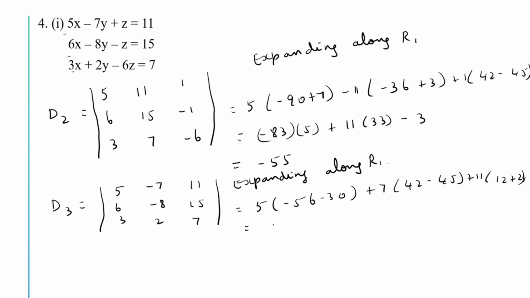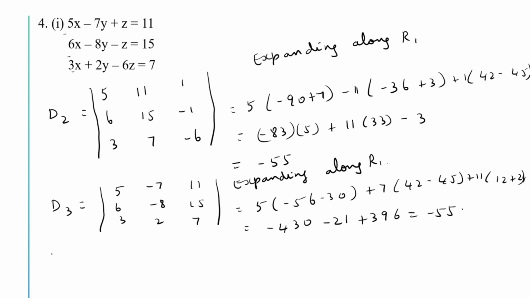So this is equal to minus 430 minus 21 plus 396. So this is equal to minus 55.